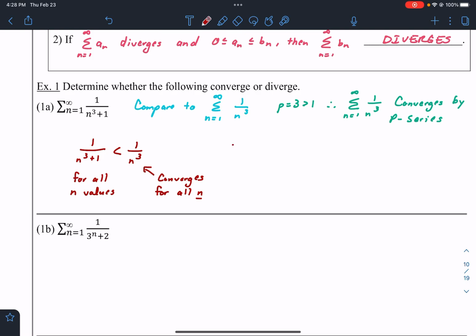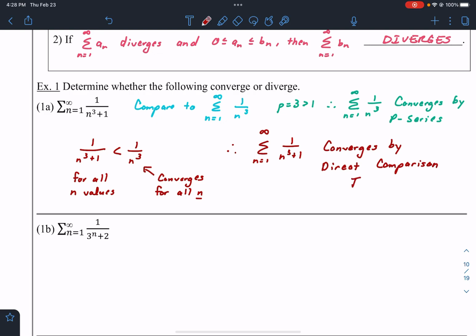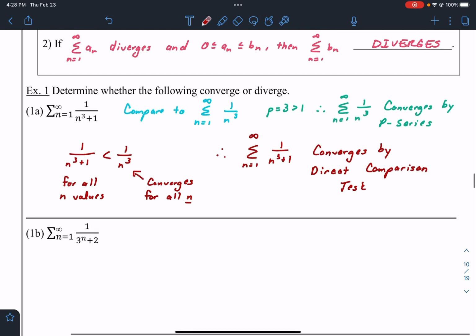So now we can say that this specific series that we were asked to analyze to begin with converges by direct comparison test. You do need to put test there. I should put by p-series test right there as well, just to clarify. The hardest part is determining what do you want to compare to.